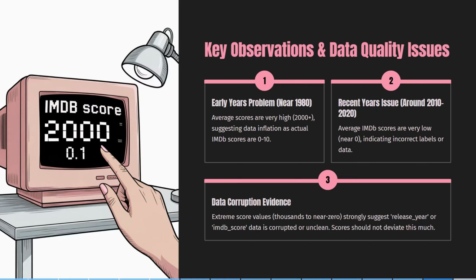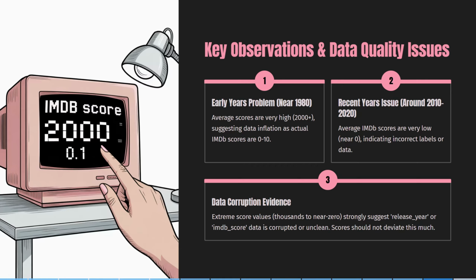This likely indicates data issues or missing data that mistakenly inflates the score, because actually IMDb scores are between 1 and 10. In the most recent years, around 2010 and 2020, the average IMDb scores are very low, close to 0, indicating the data may be incorrect or represent some other metric.